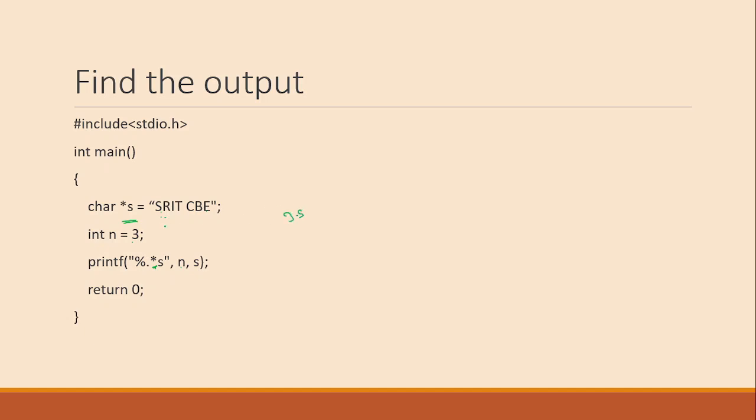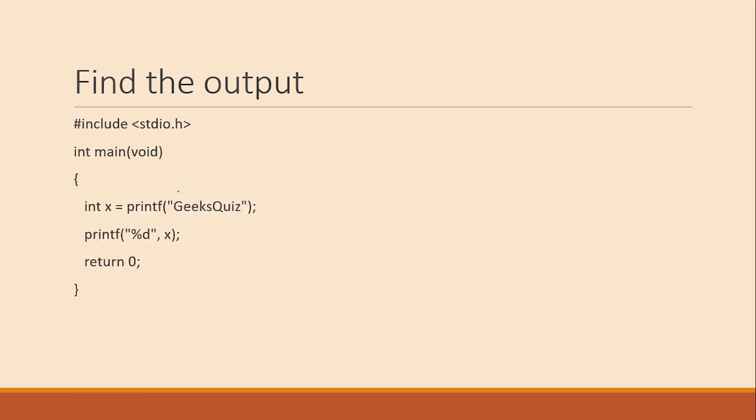What does .3s mean? From the right side, it will print 3 characters, so the answer will be CBE. From the left, it will print 3 characters. It is SRI, so the answer is SRI.